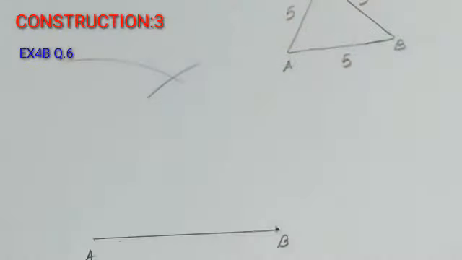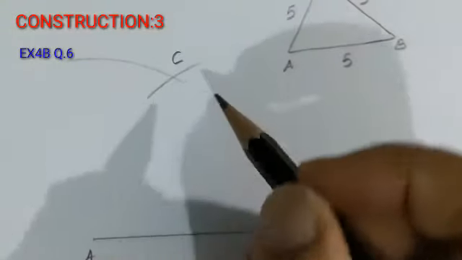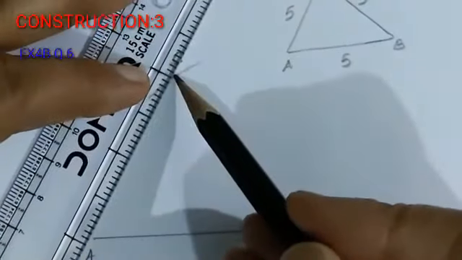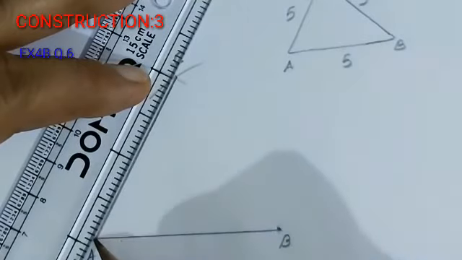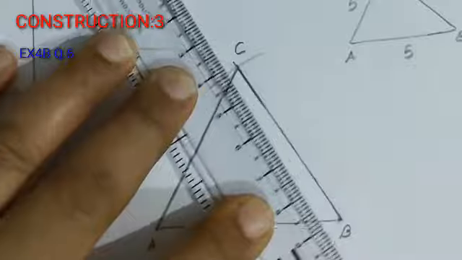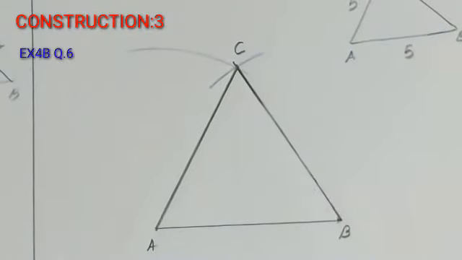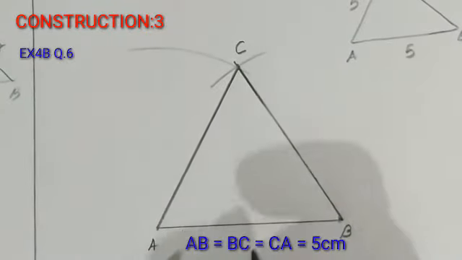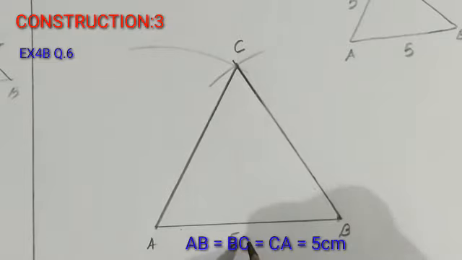B as center, draw the next arc at 5 centimeter where the two meet, that is point C. Join C to A and C to B. Hence triangle ABC is the required triangle in which all the sides are of 5 centimeter.